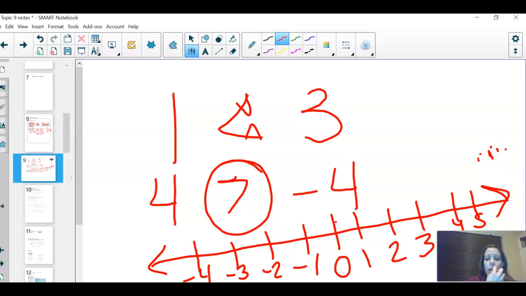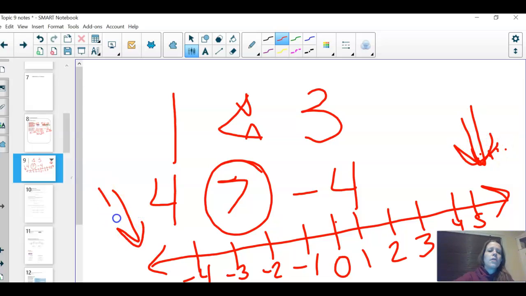On the left, less than, okay? Mayor que, menor que. Greater than, less than. 4 es a la derecha de negativo 4. Y entonces 4 es mayor que. 4 is on the right of negative 4, so 4 is greater than.